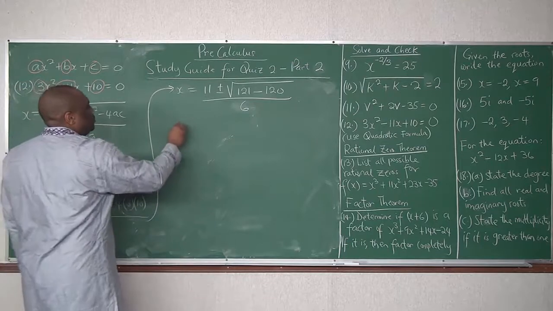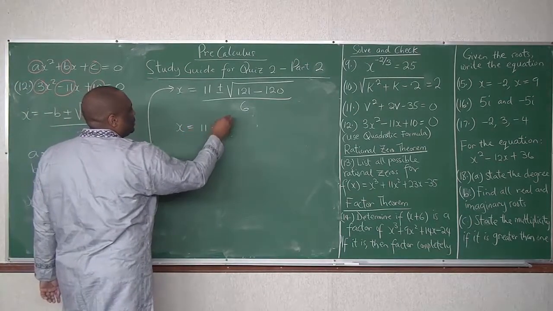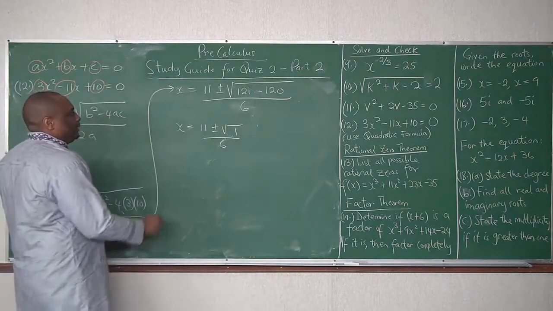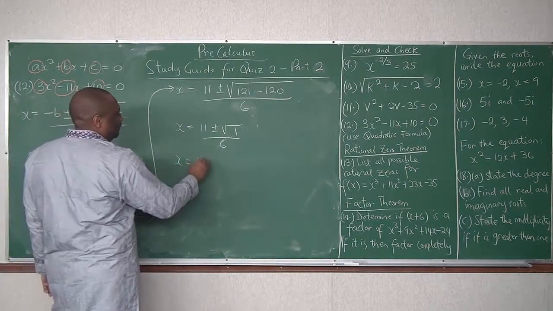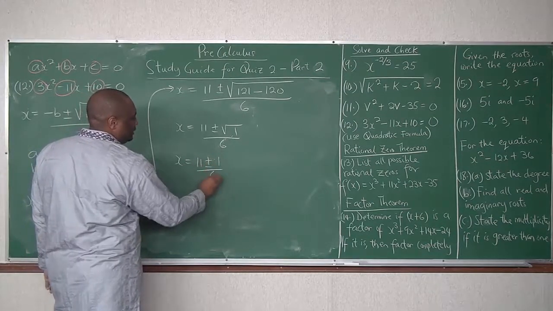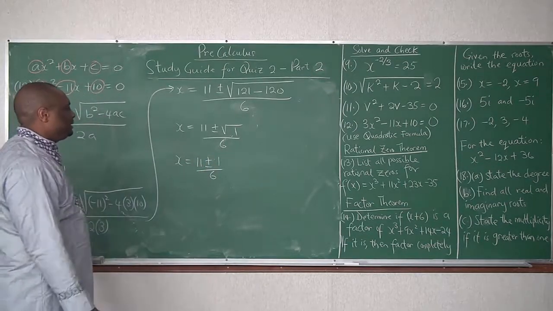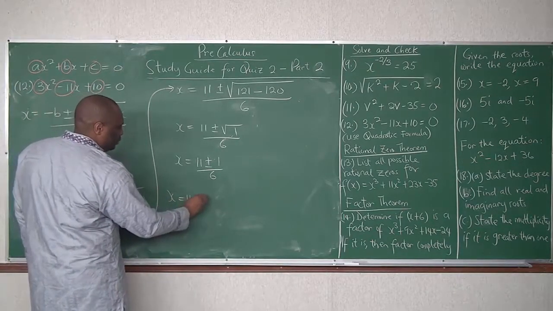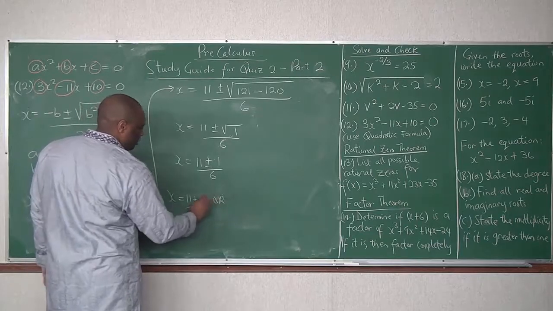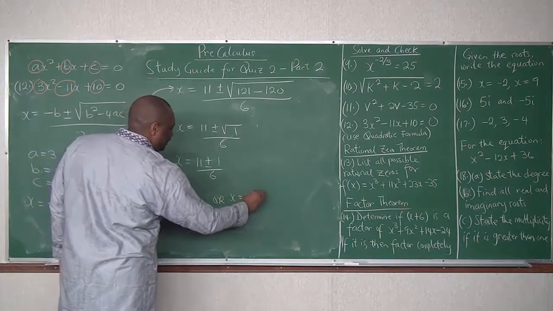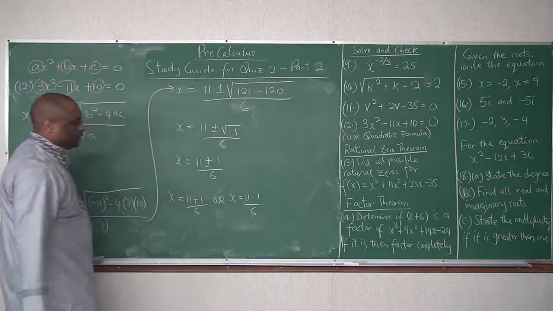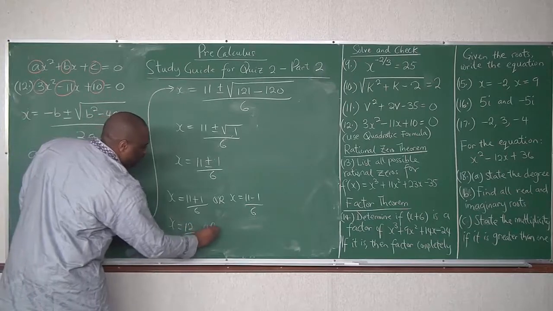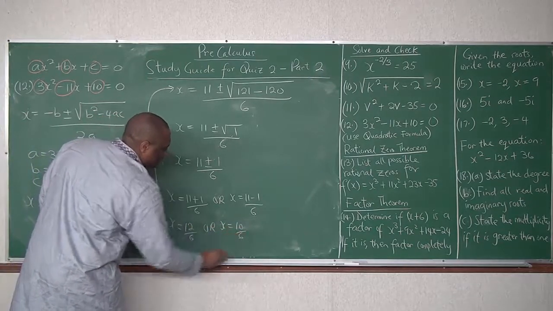So x will be 11 plus or minus the square root of 1, over 6. That will be 11 plus or minus 1 over 6. So that tells you that x is 11 plus 1 over 6, or x is 11 minus 1 over 6. So x is 12 over 6, or x is 10 over 6.